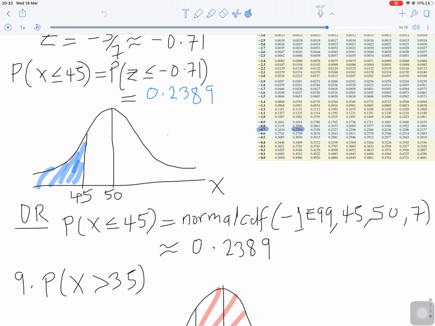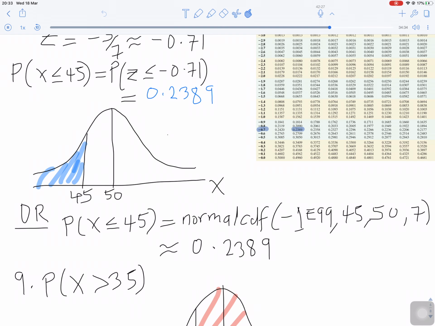So our value becomes approximately 0.2389. The calculator value and the standard normal table value are approximately the same to 4 decimal places.